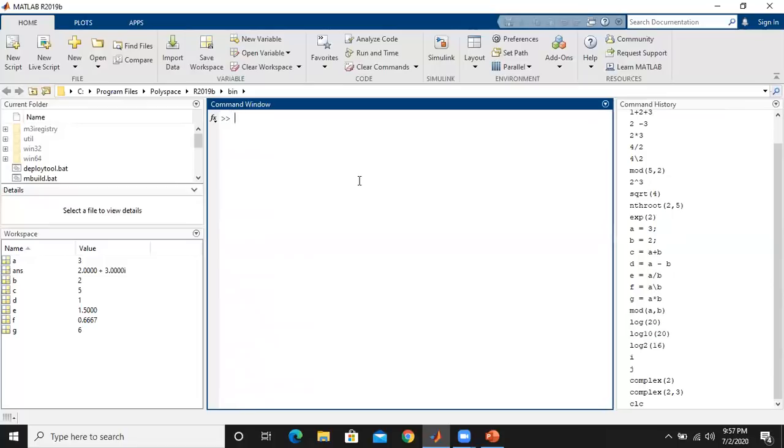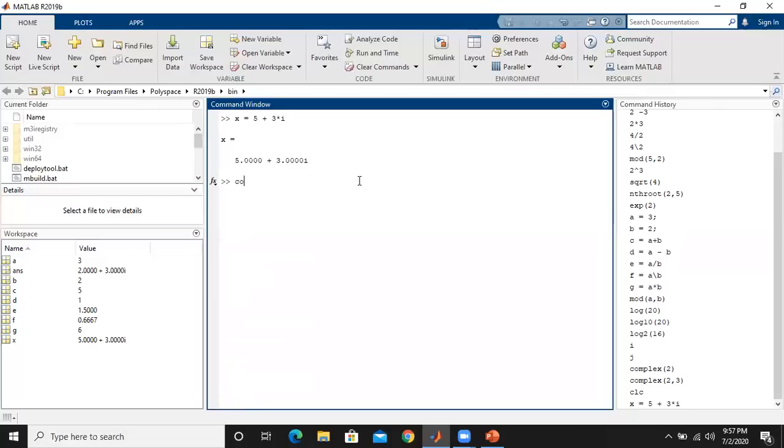Now, not only by using the built-in function complex, we can also type the complex numbers like this. So x equal to, let us take 5, then plus 3 into I. So this is the basic complex number that I have taken. Now I just wanted to find out the complex conjugate of this number.